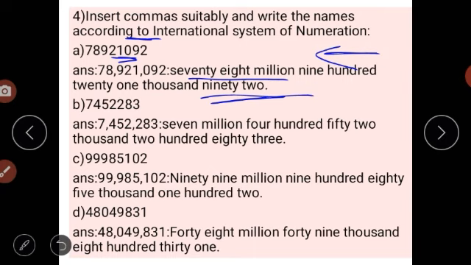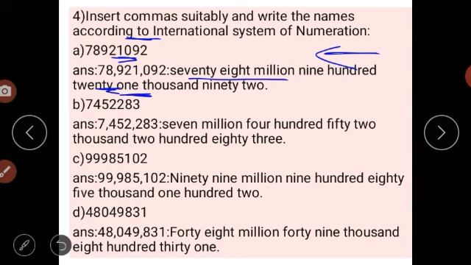Next, what is the next number we have? 7452283. So in this again, where do we have to start? From the right side. So what are the 3 digits from the right side? We have 283 first. So we will place a comma there. Next, what are the next numbers? We have 452. So again we will put a comma. Next, what is the one number remaining there? 7.